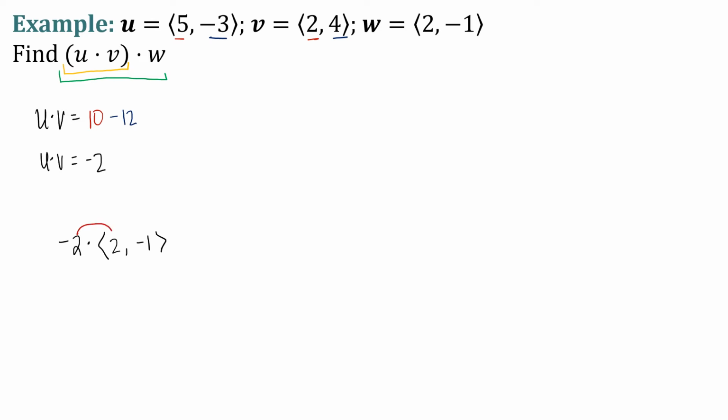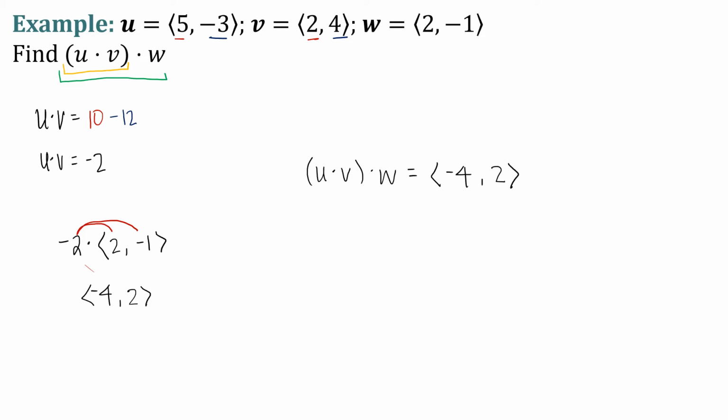We just have to distribute it in, just like we did with matrices. So negative 2 times 2 is negative 4, and negative 2 times negative 1 is positive 2. Therefore, our final answer is negative 4, 2.